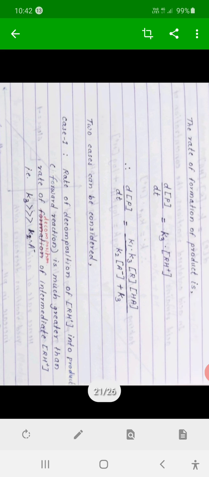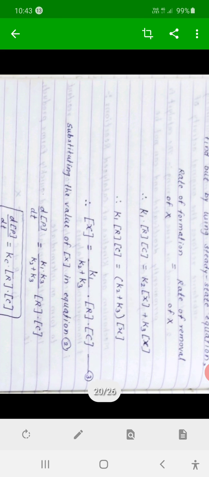That is, the rate of product formation depends on the concentration of the intermediate. Therefore, dP by dt is equal to K3 into the concentration of X.